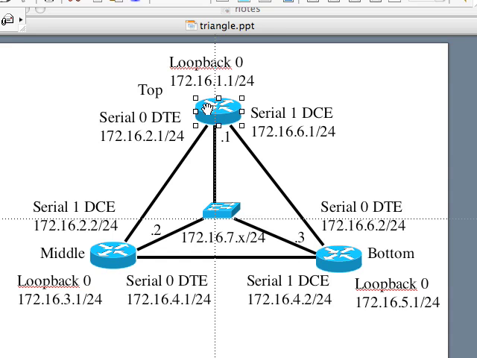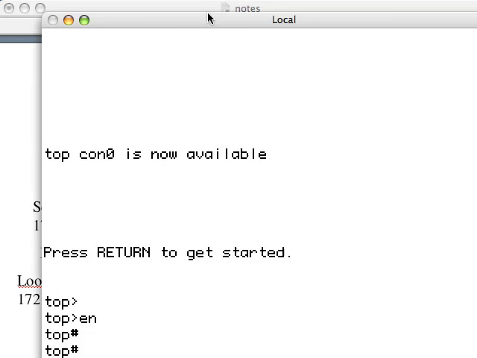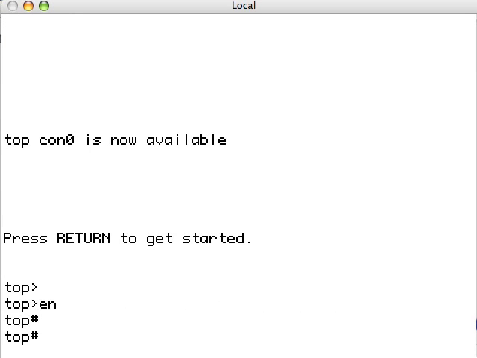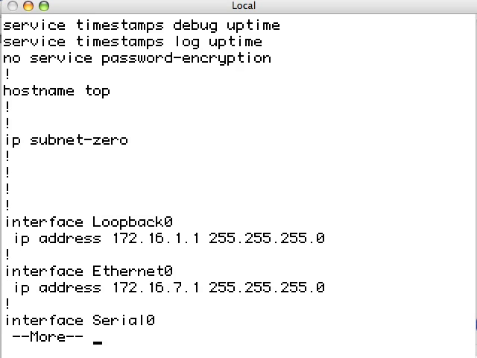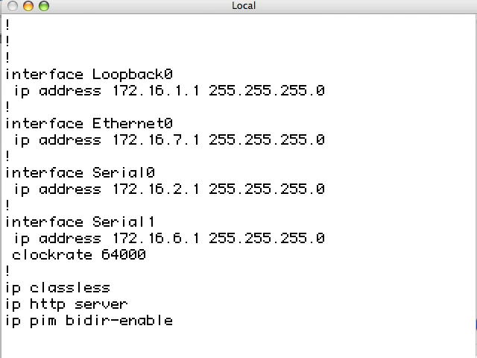So the top router, for example, has loopback interface 0, interface serial 0, interface serial 1, and interface Ethernet 0. Let's look at its config. Interface loopback 0, IP address 172.16.1.1/24.